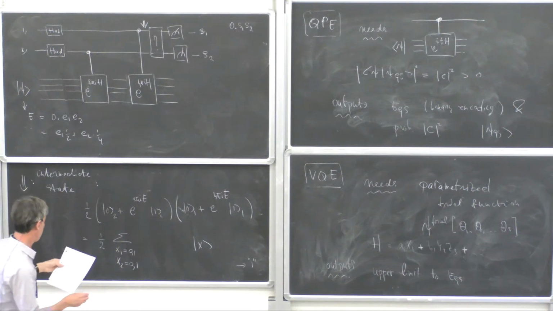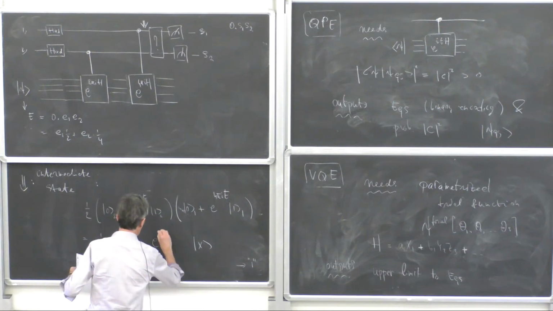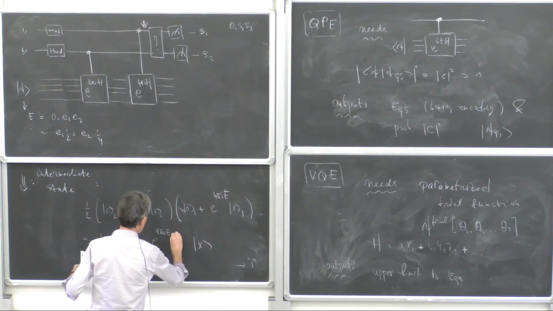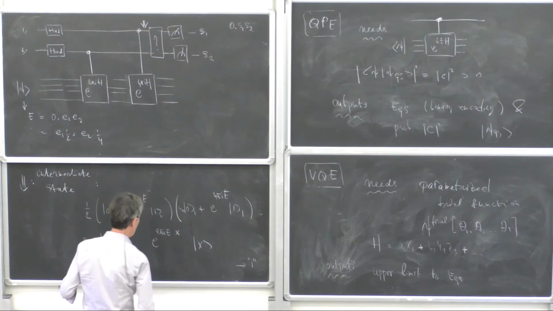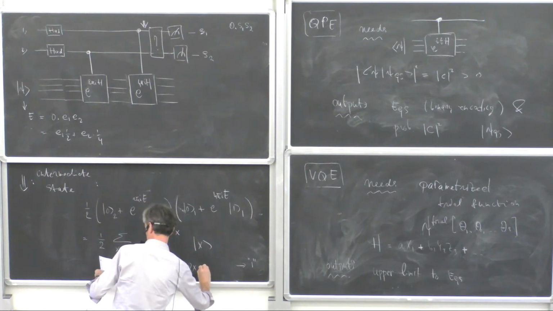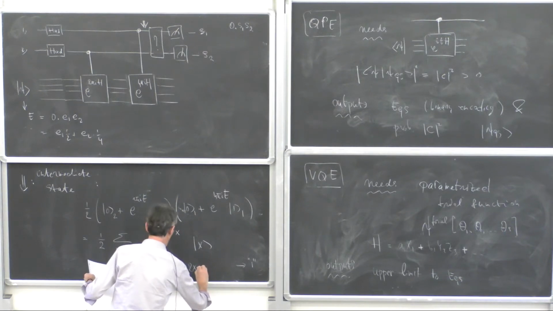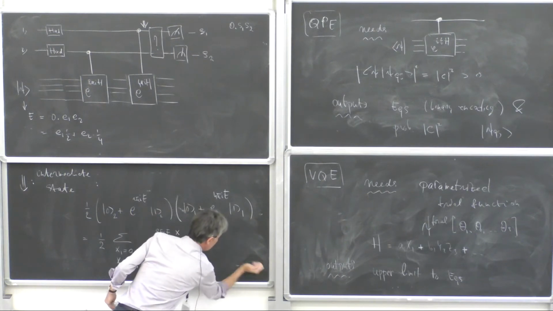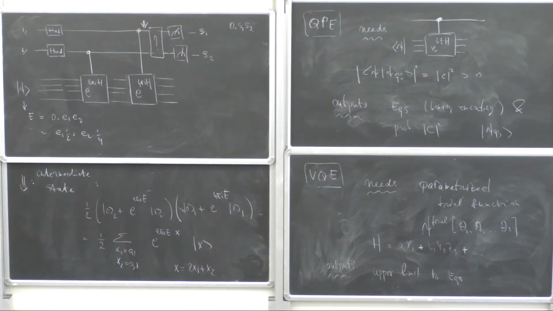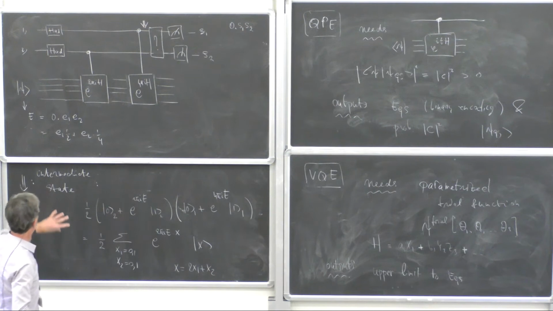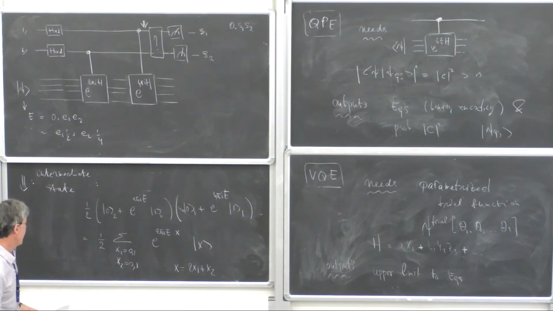And then there's a phase in front, and that phase I can write as e to the 2πi times E times x, where x is now 2x1 plus x2. So I do a binary coding of my x in the usual way, not as a fraction, but as a regular number like this. And there's a binary coding of my energy in the fractional way. So this is what I have.